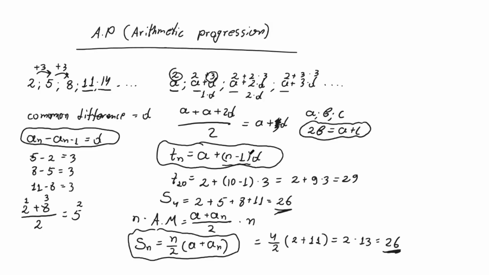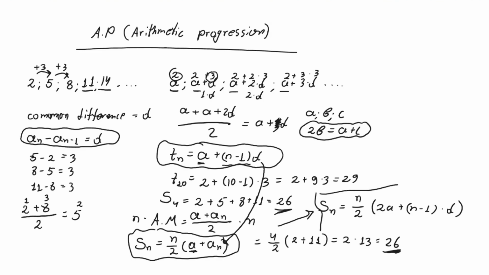And if you look here, a sub n is the same as t sub n. So t sub n was to find what's the number at any place in the sequence, and a sub n is the same. So you can put this here, and we get a new formula, which is S sub n equals n over 2 times 2a plus n minus 1 times d.